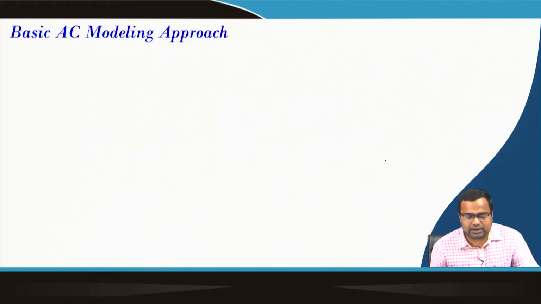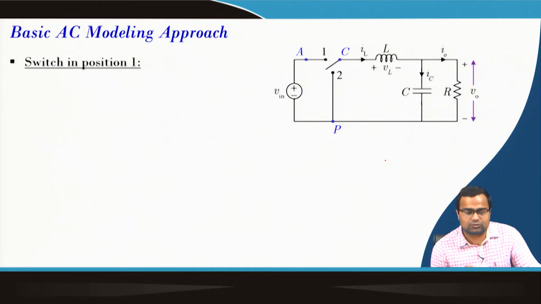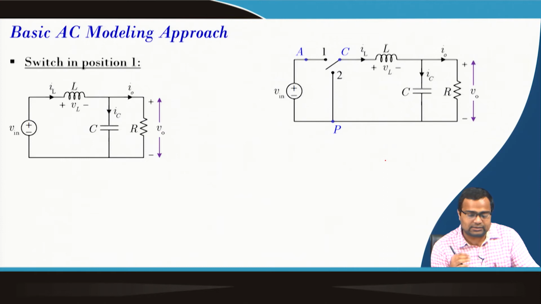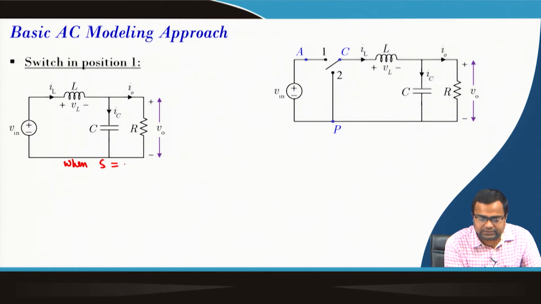So, the basic AC modeling approach, if we take a buck converter, the first approach is known as the circuit averaging technique, in which we first write or draw the equivalent circuit for the different switch configurations. For example, when the switch is on, this is the equivalent circuit, when S is in position 1, that means S is 1.